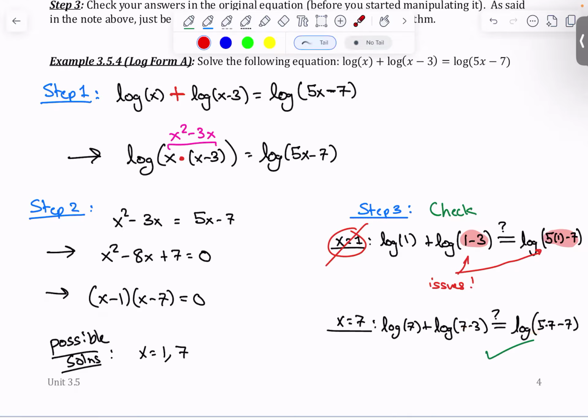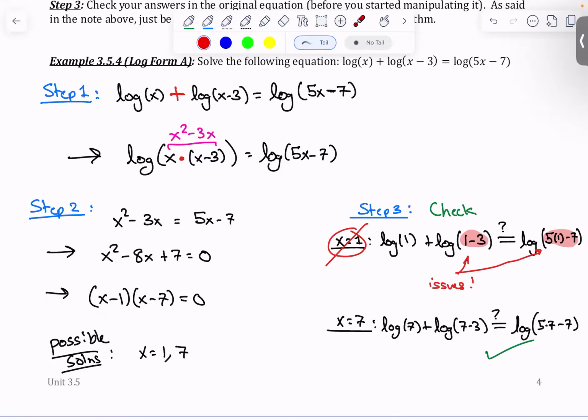You can plug it into your calculator, plug in log of 7 plus log of 4, write down what you get, and then plug in the right-hand side. You should get log 7 plus log 10, or 1.44-ish on each side.